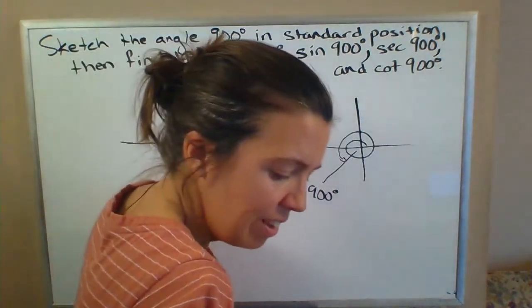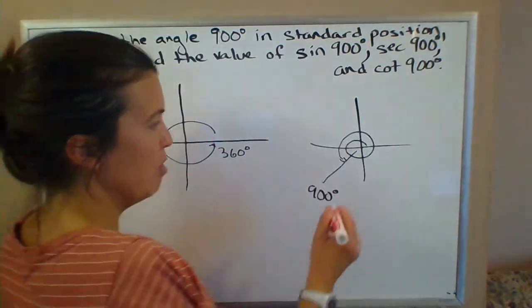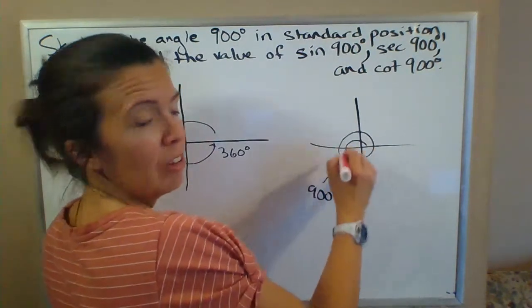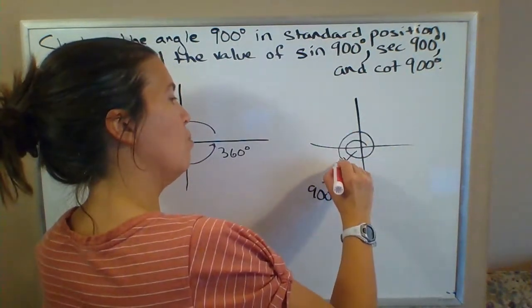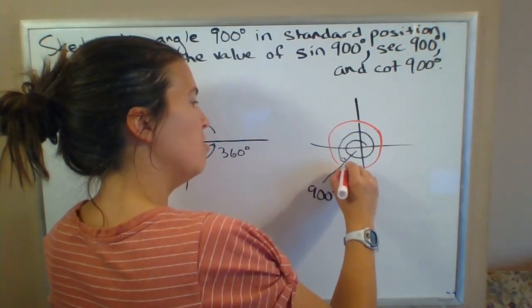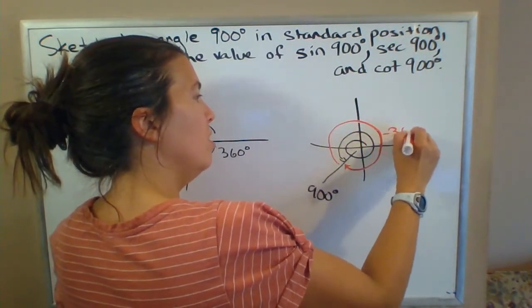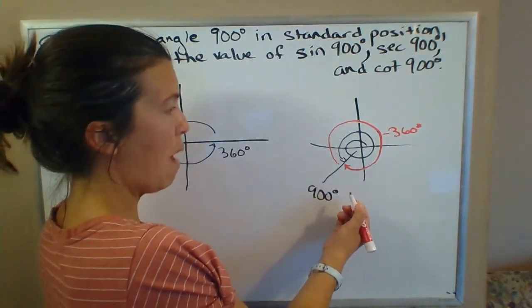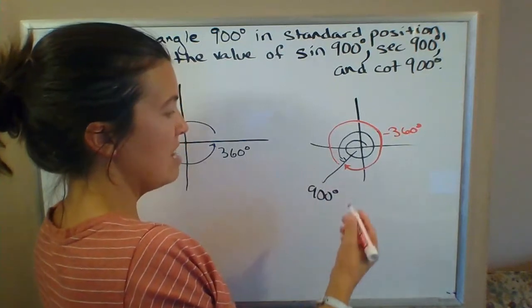I just want to use this to illustrate what we're doing. The idea is to unravel this. If we've gone around and around, we want to wind the clock backwards. When you subtract 360 degrees, you're subtracting a full rotation, so you're definitely going to land in the same spot.